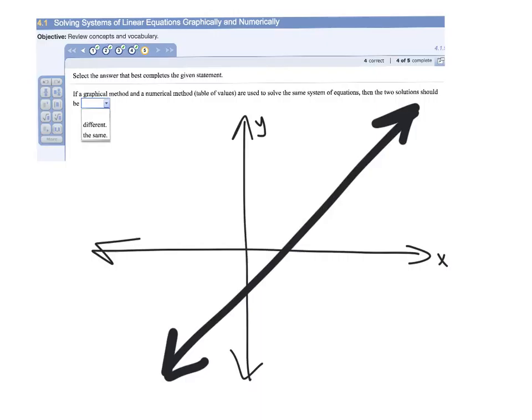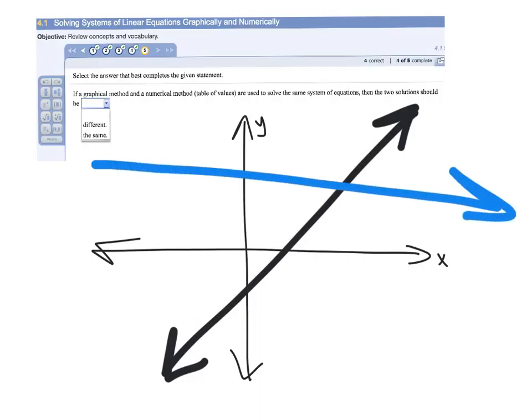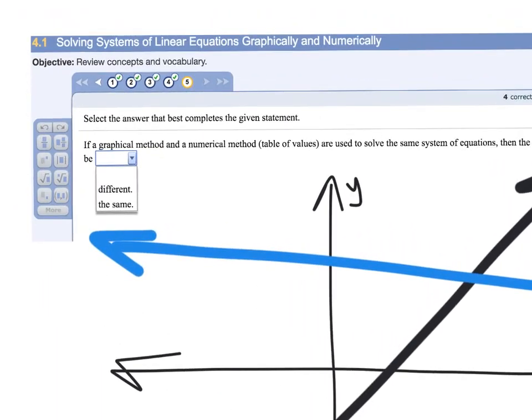And let's do the other one in blue. So the other one, we're going to go this way, like that. All right, so there's our two lines, okay? And of course, we have a solution. Boom, right there.